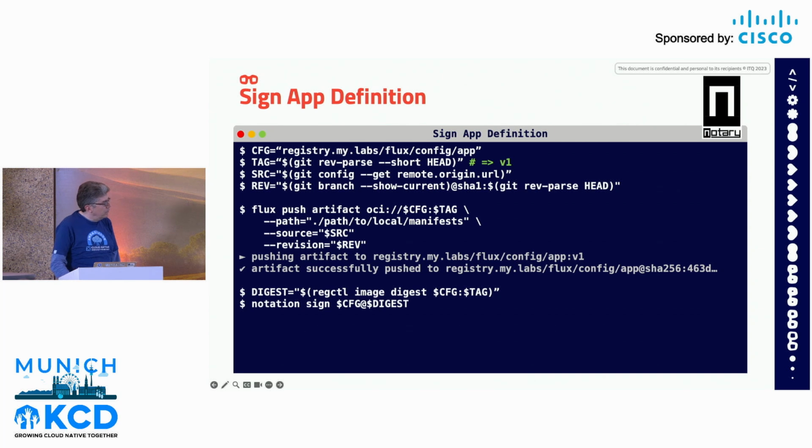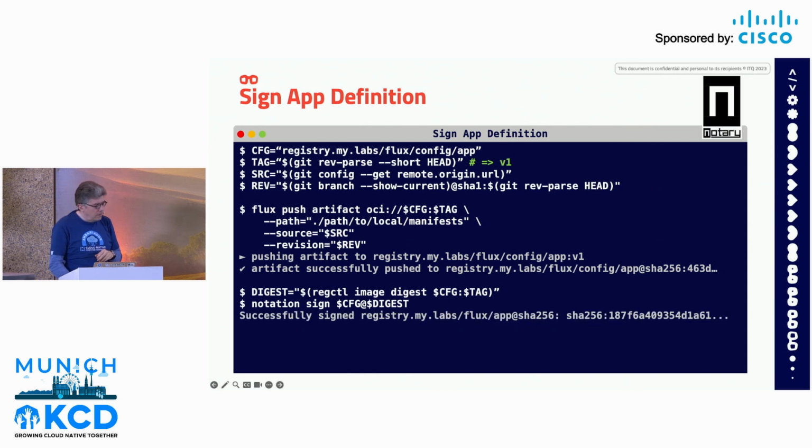You can get it back using regctl as well, for the digest of the configuration, and use exactly the same command line, notation sign, to sign the Flux configuration, push the signatures into the same repository as the configuration, and then attach these signatures to the Flux configuration.